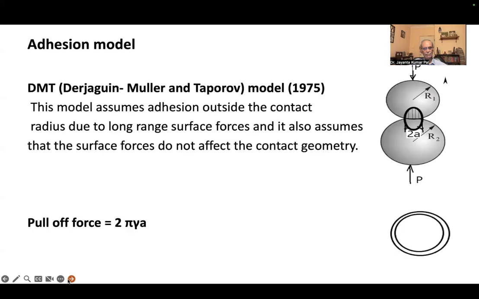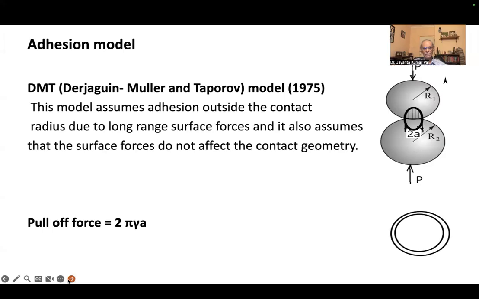The Derjaguin-Muller-Toporov, or DMT, model considers a completely different contact phenomenon. They consider that the surface molecular forces act outside the contact zone.